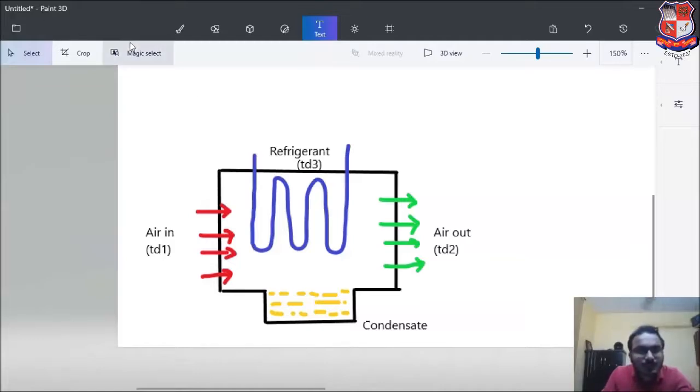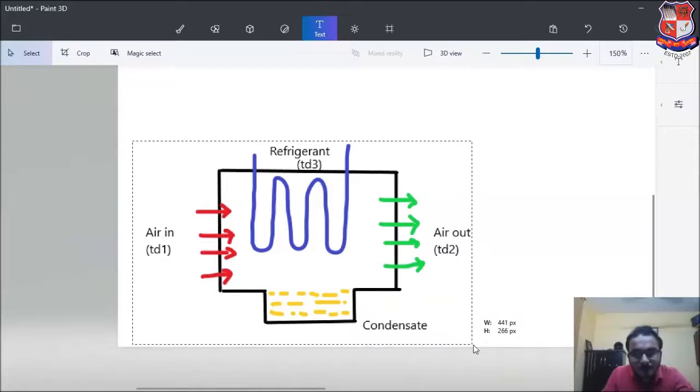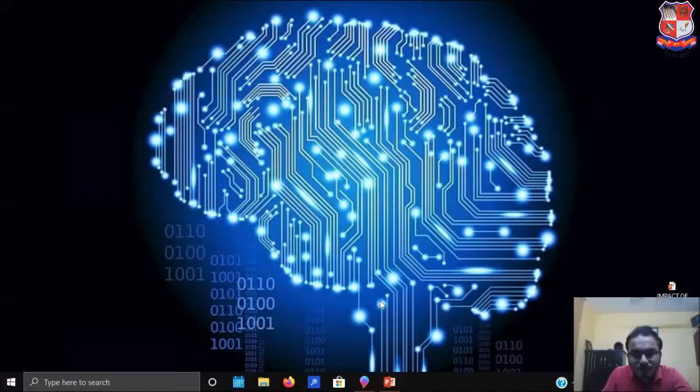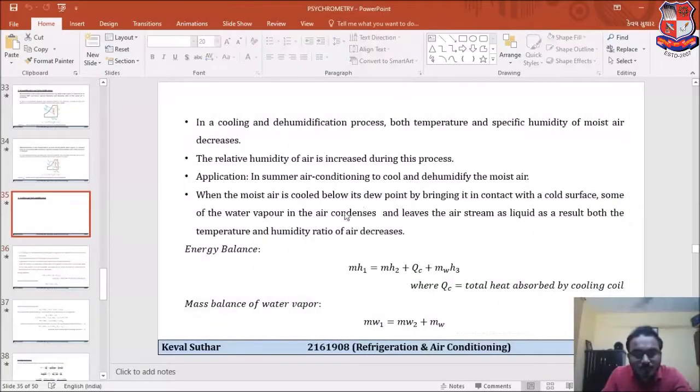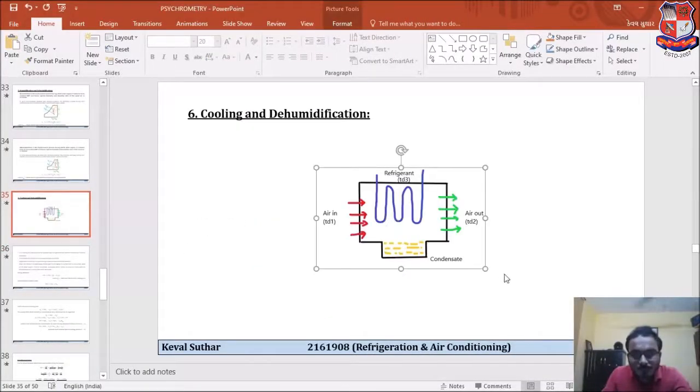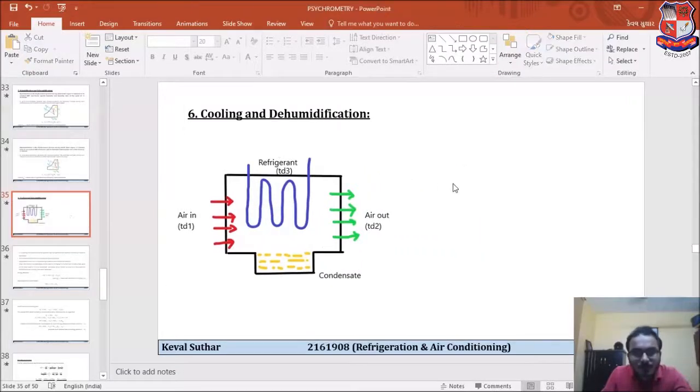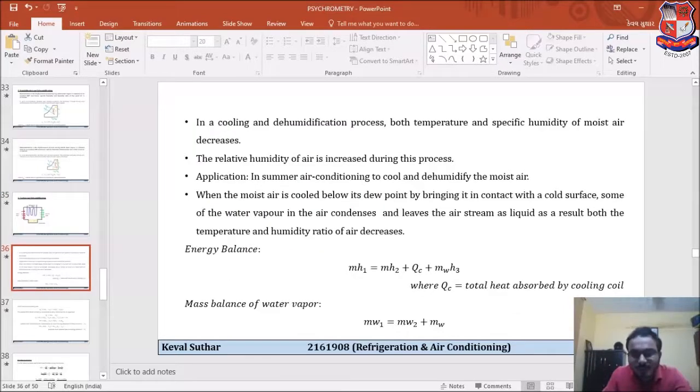So now we can take this figure. So this is the arrangement. Now we can continue with this.